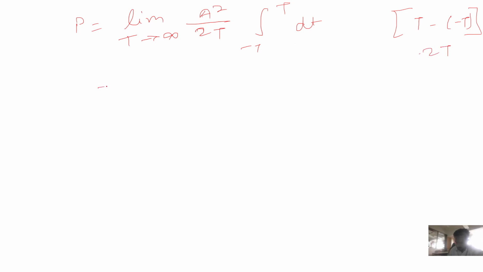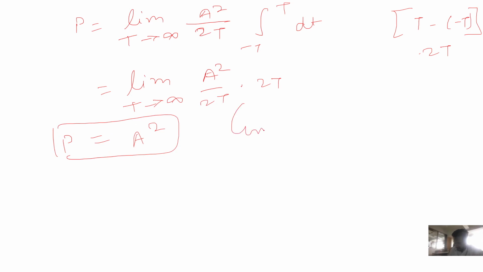So limit t tends to infinity a square upon 2t into 2t, and therefore the 2t is going to get cancelled, so there is no need of the limit, so it is a square. So power is going to be a square, and RMS value is going to be equal to a. I hope I am clear about this.